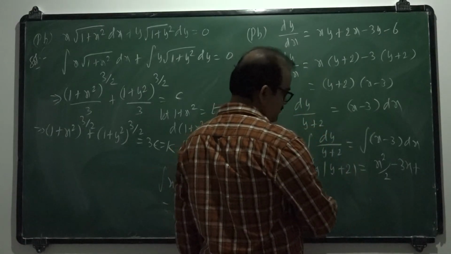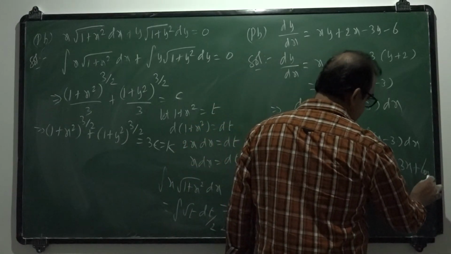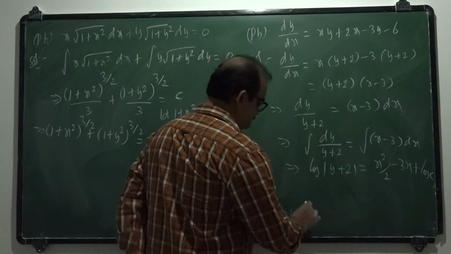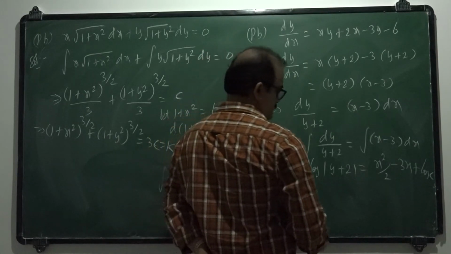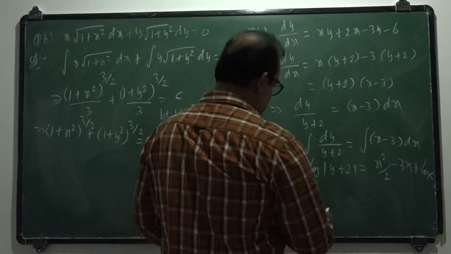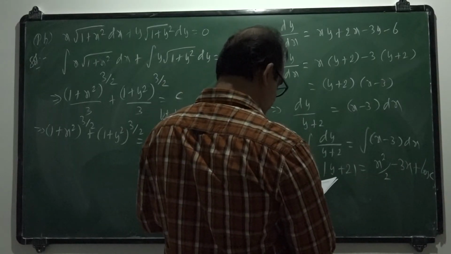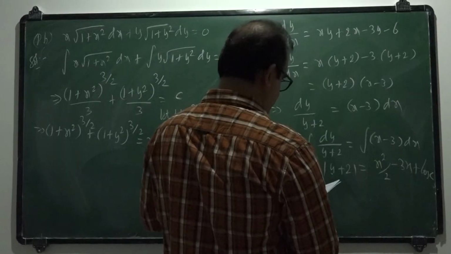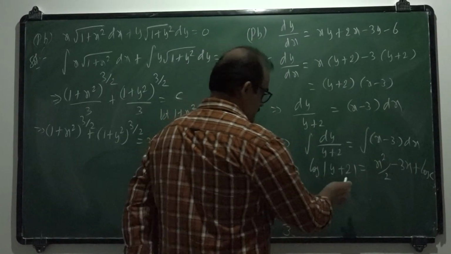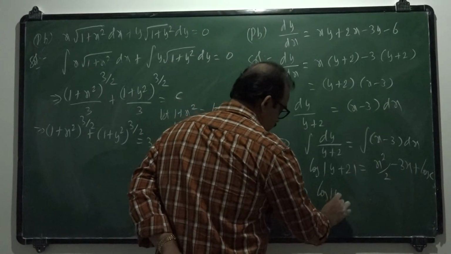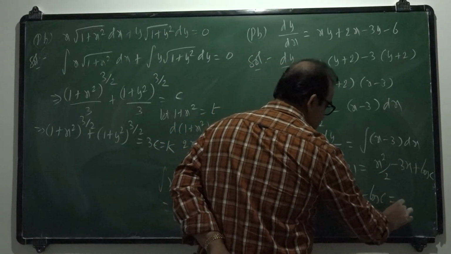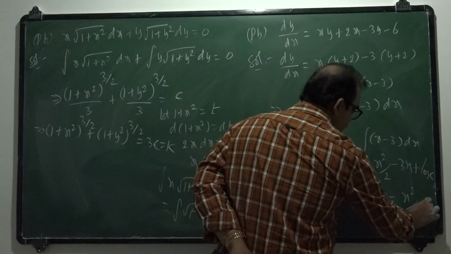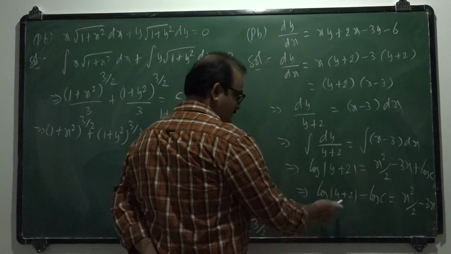Here y contains log, so take the constant as log c. Now simplifying this equation, log y plus 2 minus log c is equal to x square by 2 minus 3x.